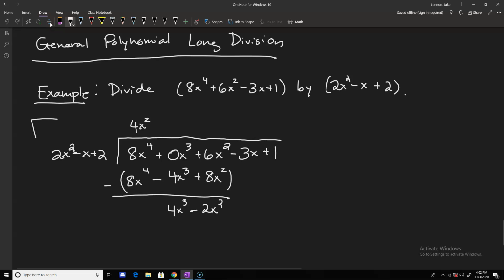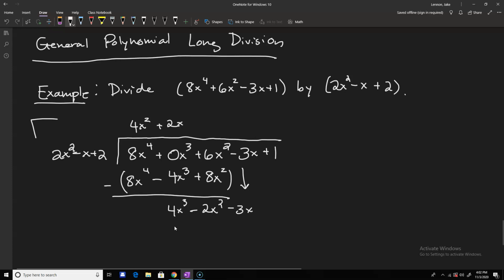So again, since I'm going to expect 3 terms, I want to bring down my next term as well, the minus 3x. And now this is what I'm trying to eliminate. Again, I'm looking at my 2x squared from the divisor and the remaining leading term, 4x cubed, down on the very bottom. And I know that if I multiply 2x squared by plus 2x, I'll have 4x cubed again, and I will be able to eliminate that first term.